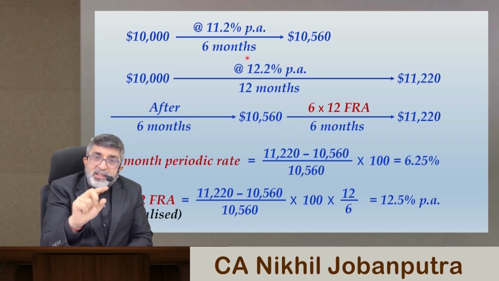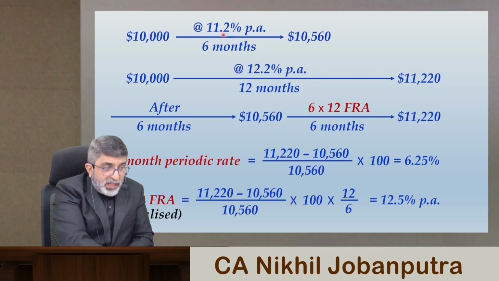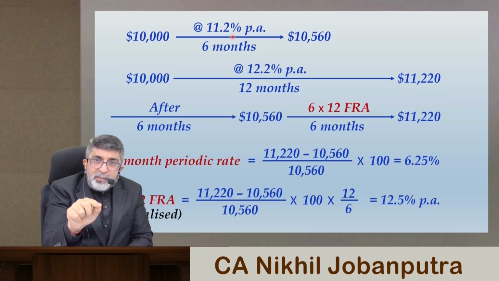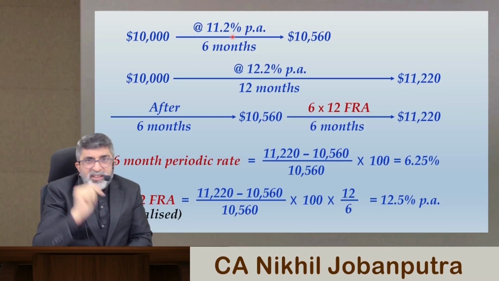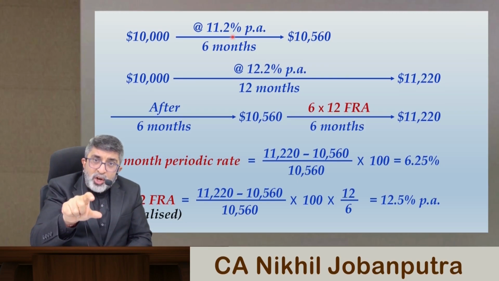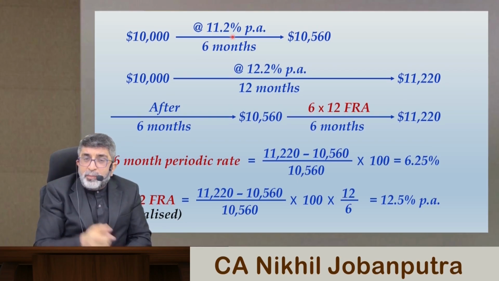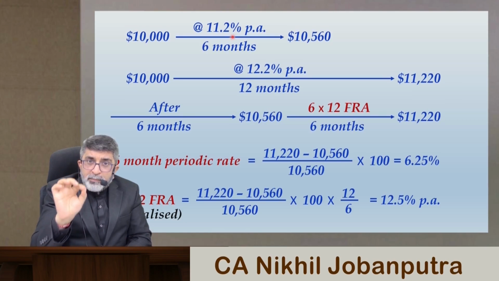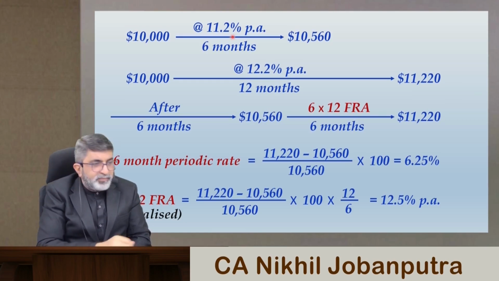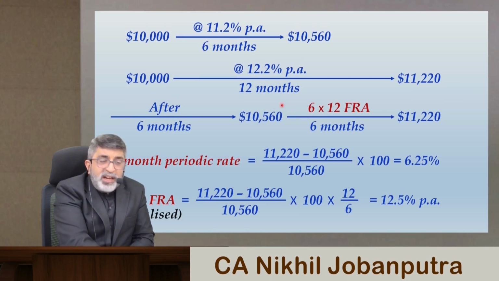So we converted this into a periodic rate. I told you take half of 11.2%. So the rate became 5.6%. So that periodic factor will be 1 plus the periodic rate. So periodic factor will be 1.056.